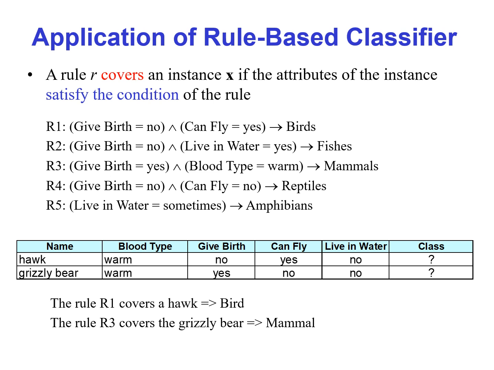Another one, grizzly bear: blood type warm, give birth yes, can fly no, live in water no. Now by applying rule R1, because give birth no and can fly yes, the hawk is classified under R1. Then by applying rule 3, give birth yes and blood type warm, the grizzly bear is a mammal. This is the way we apply the rules to identify the classification.